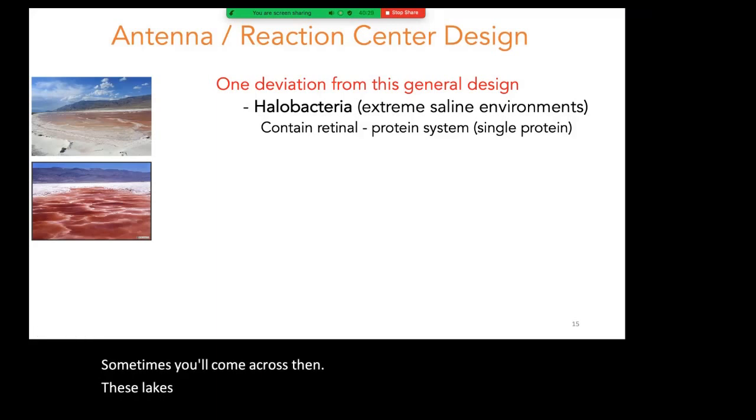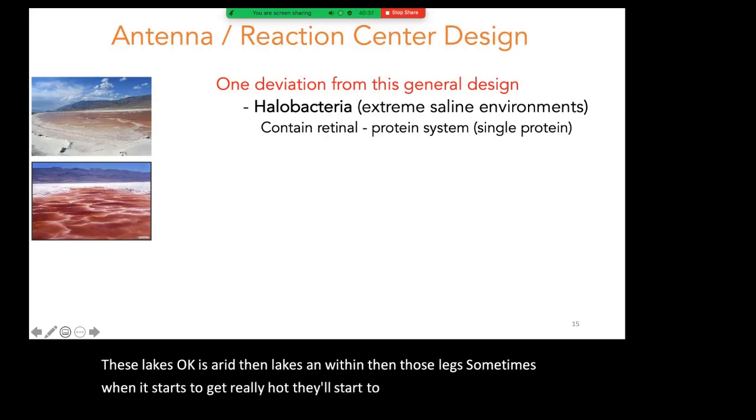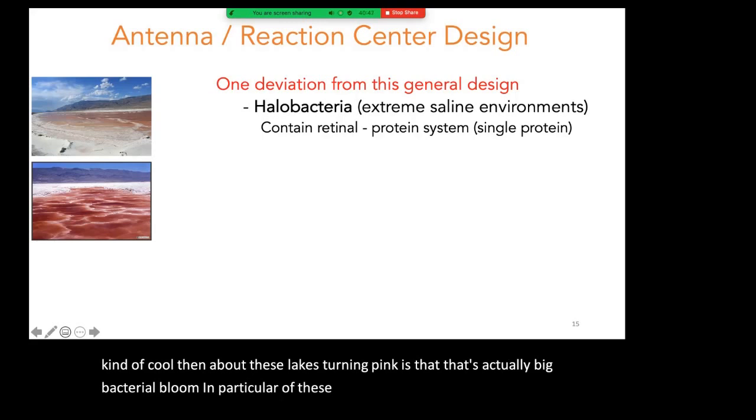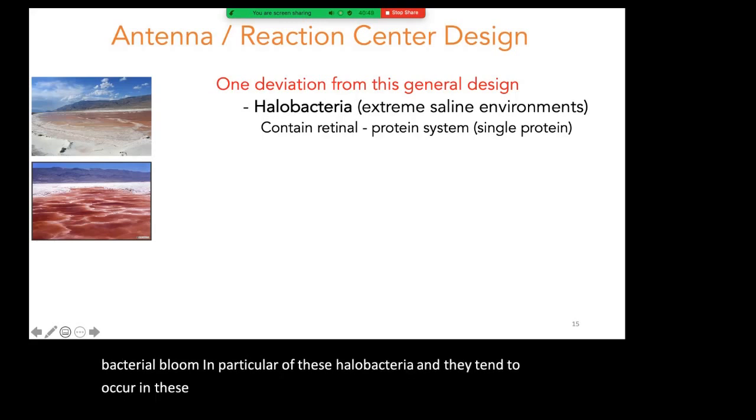Within those arid lakes, sometimes when it starts to get really hot, they'll start to turn pink, right? What's cool about these lakes turning pink is that it's actually a big bacterial bloom, in particular of these halobacteria. They tend to occur in extremely saline or salty environments. And what's cool about halobacteria is that they perform photosynthesis.